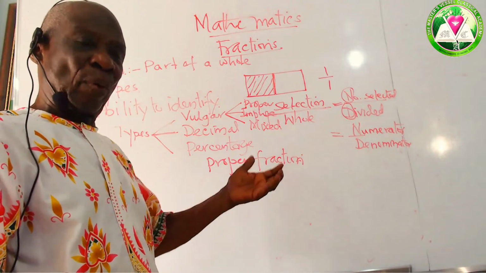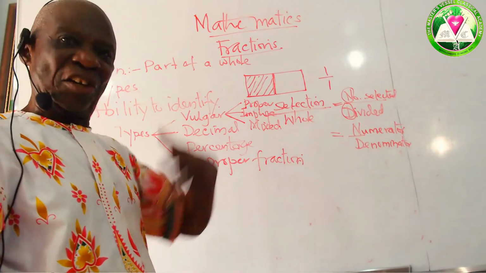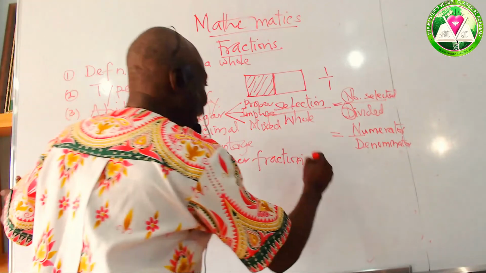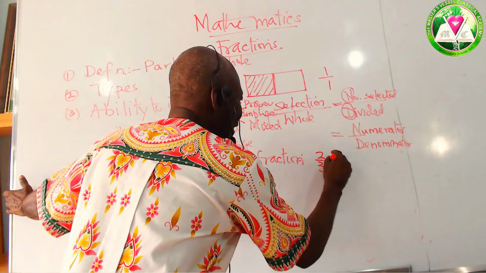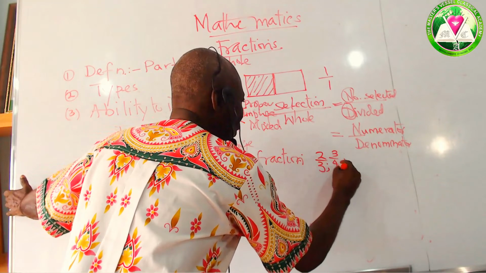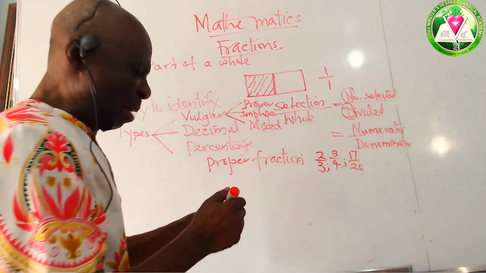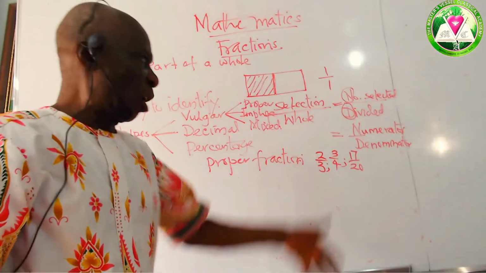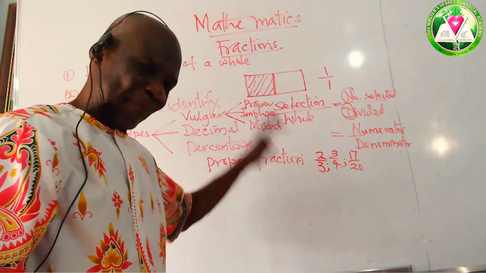If we calculate upwards, the denominator is bigger than the numerator. That is a proper fraction. Examples: 2 over 3, 3 over 4, 17 over 20. Provided that the number below, denominator, is greater than the number on top, numerator, the fraction is proper.